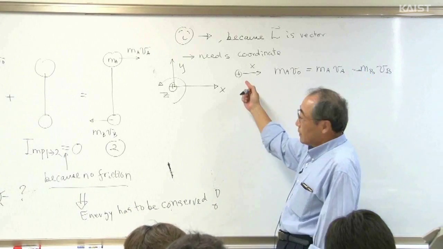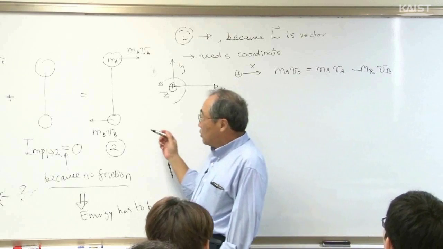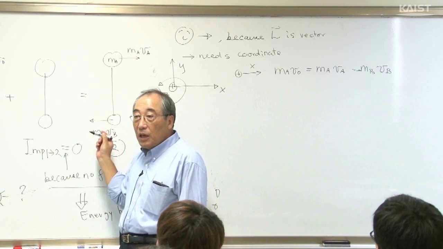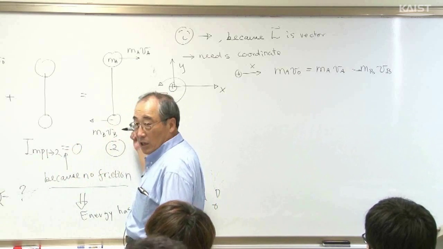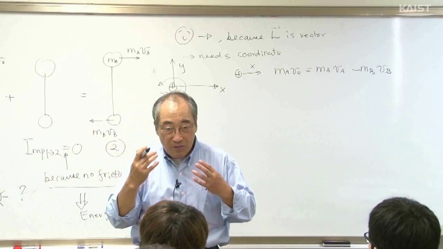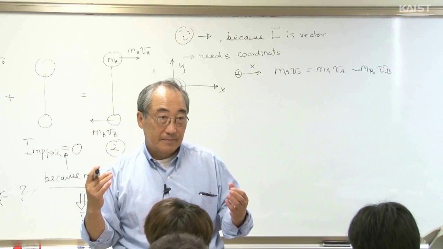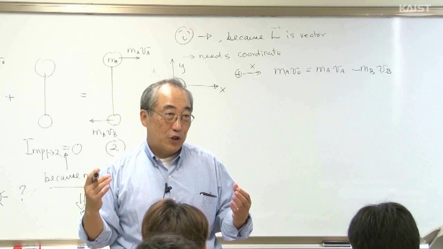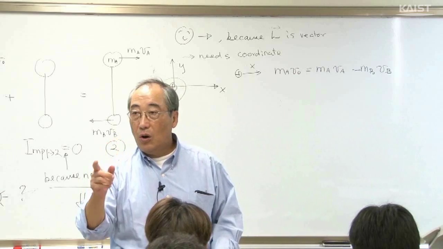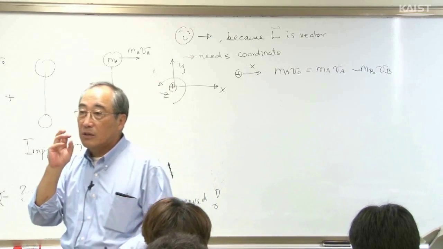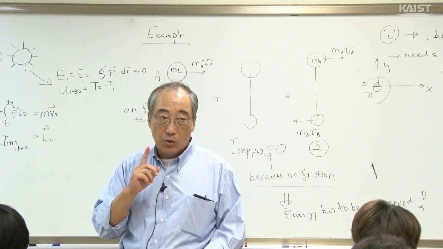Because I selected this coordinate as positive in this direction, and I assume that the velocity of B is in this direction. You can assume this, but the law will provide you that V_B would be negative. So don't worry. You can assume the direction, and the law will correct your assumed direction. That's important.